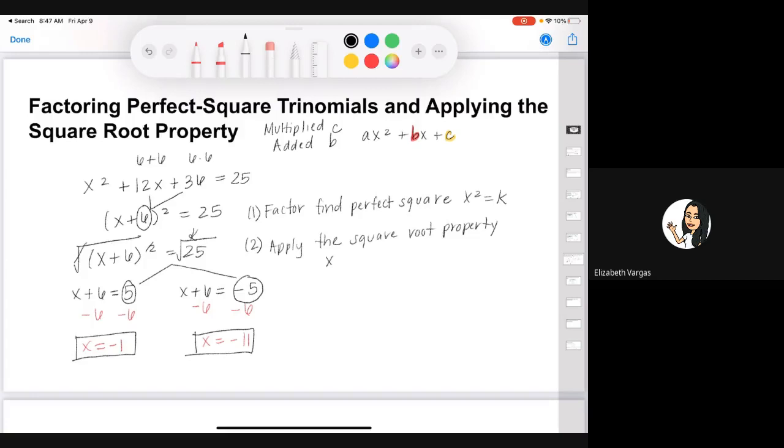which is basically x is going to be equal to the square root of k and the square root of negative k. Lastly, what I'm doing is I'm simplifying each side. And then I can solve for x.